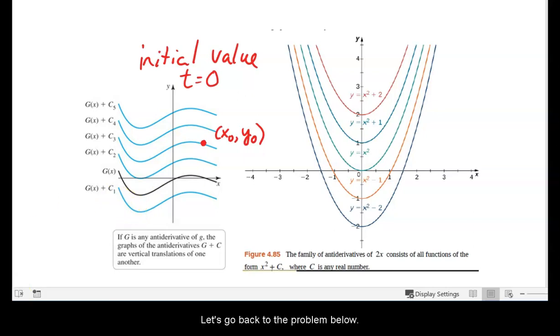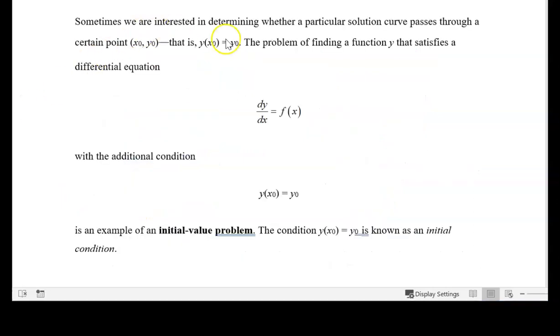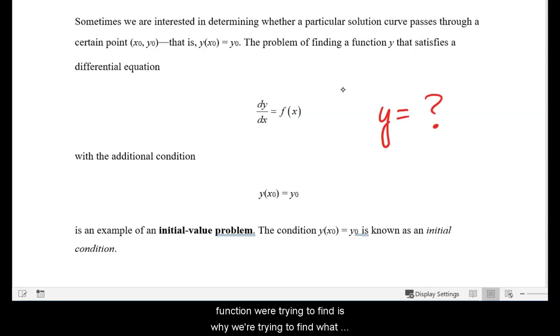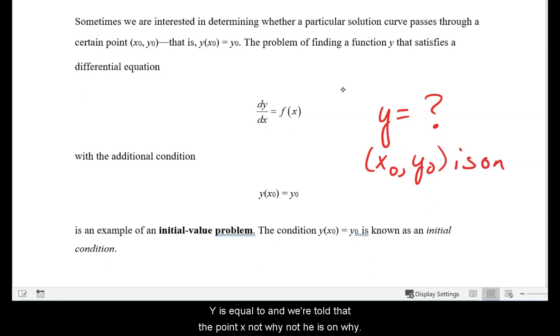Let's go back to the problem below. These words in here give us the relationship between the function that is given and the function that we want. The function we're trying to find is y. We're trying to find what y is equal to, and we're told that the point (x naught, y naught) is on y as a function of x.